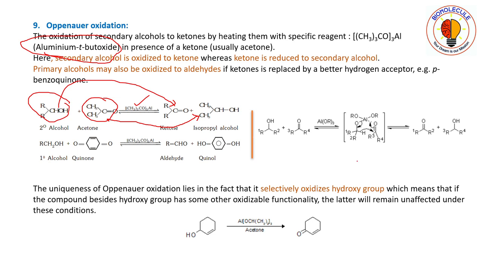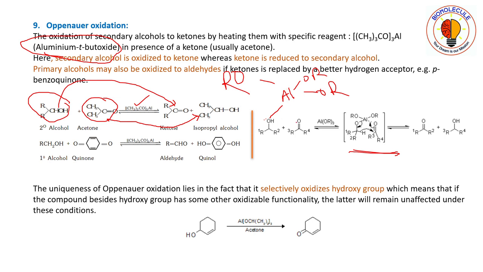So this is the mechanism of how this works. This aluminium tert-butoxide, Al(OR)3, this oxygen will coordinate with aluminium. Now aluminium is a Lewis acid, so it can make one coordination with any Lewis base.